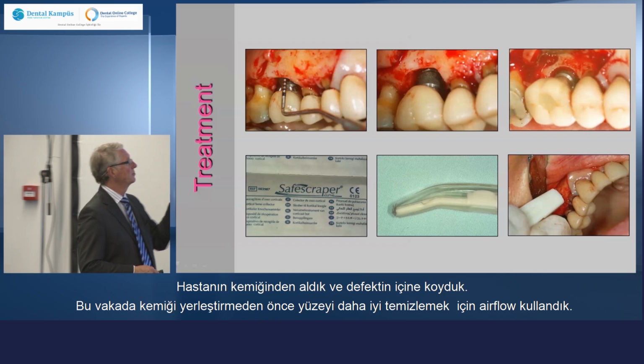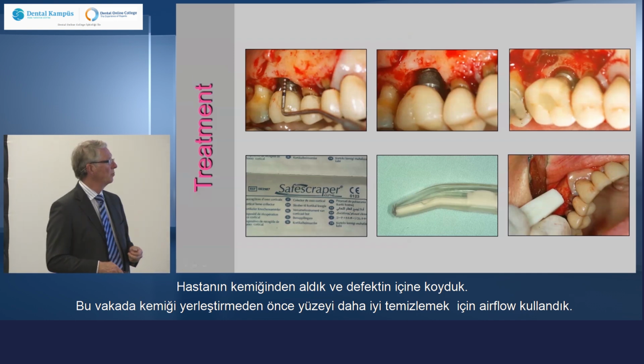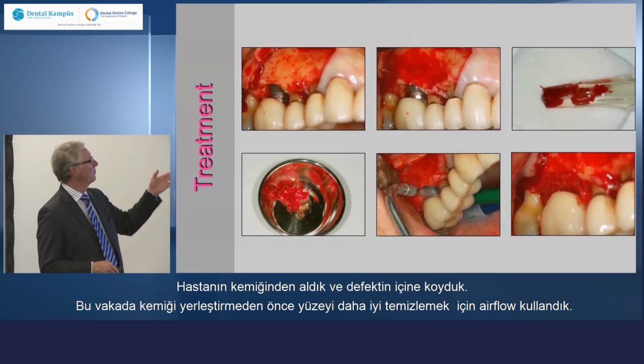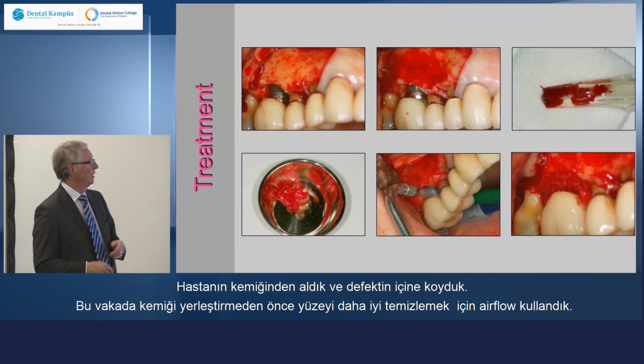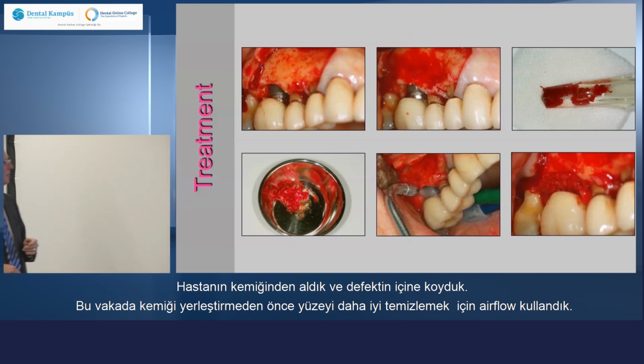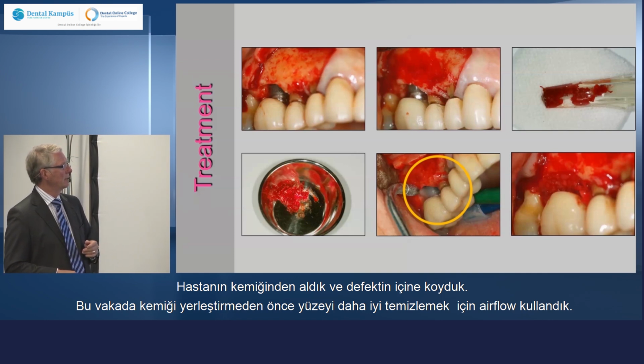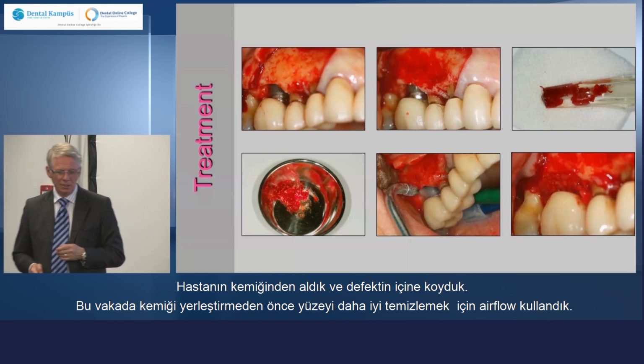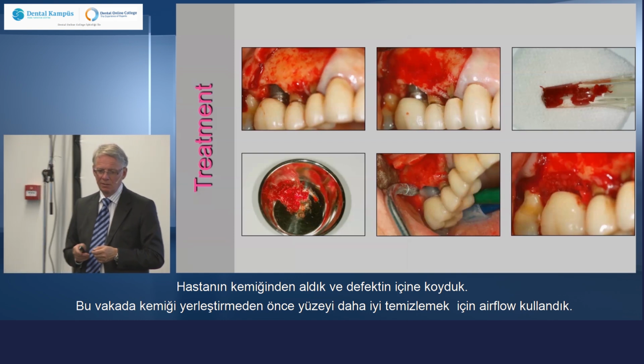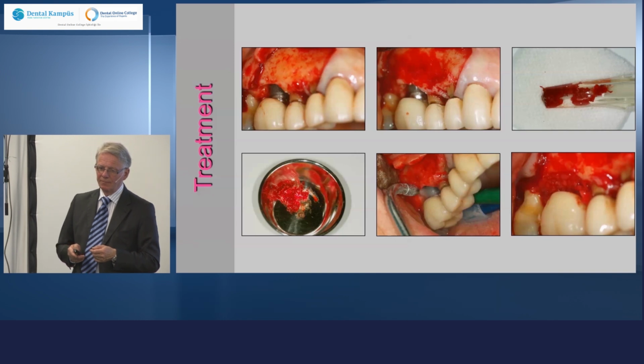This is now to take some of the patient's own bone, and we put it in the defect. In this specific case, we were also using an air abrasive device to further clean the surface before placing the bone.